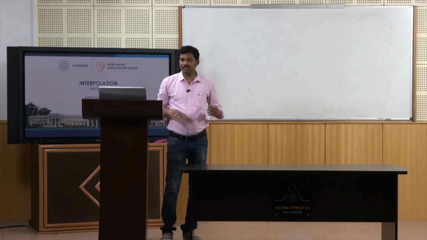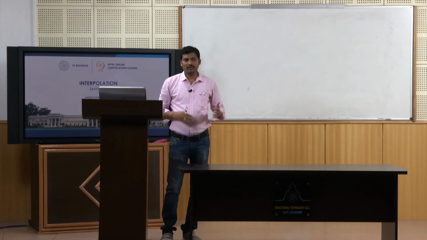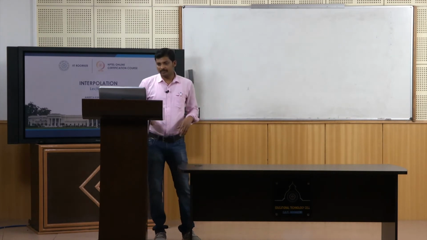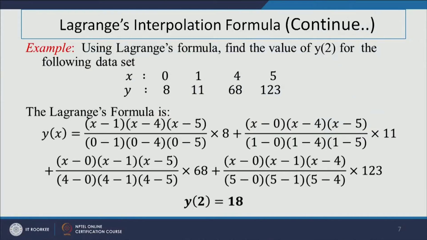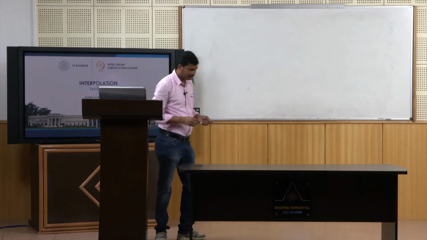So, we will discuss an example using, suppose, the data x equals 0, 1, 4, 5 and the corresponding data of y equals 8, 11, 68, 123. How can we determine the value of y, or the function f(x), at the point 2? We will discuss that using the Lagrange interpolation polynomial here.